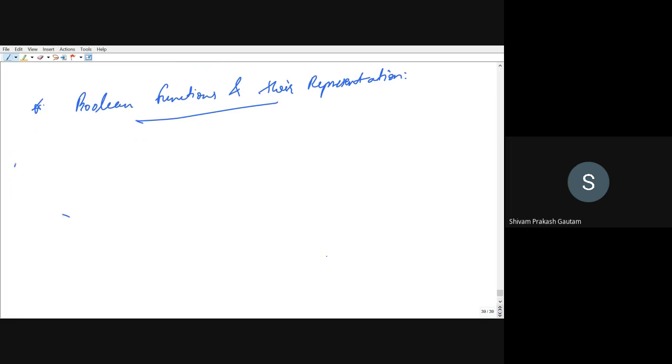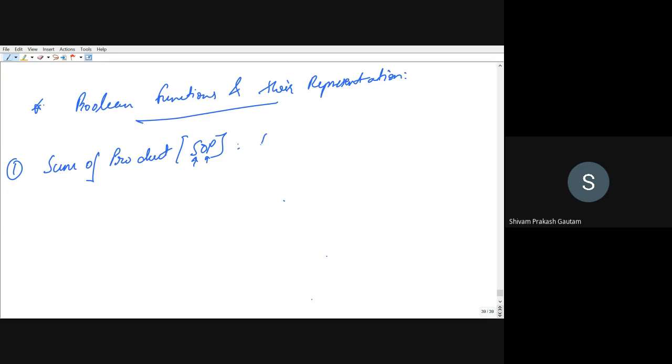So the first type of representation is in the form of sum of product. It is also called SOP in short form, that is sum of product. Right.